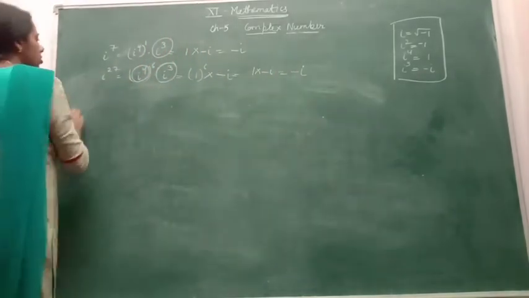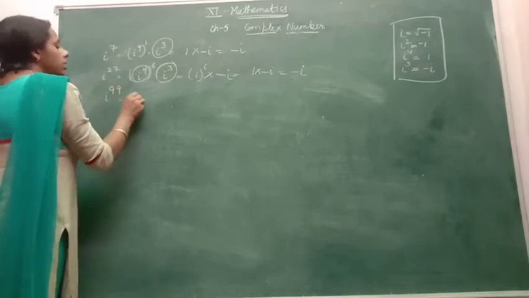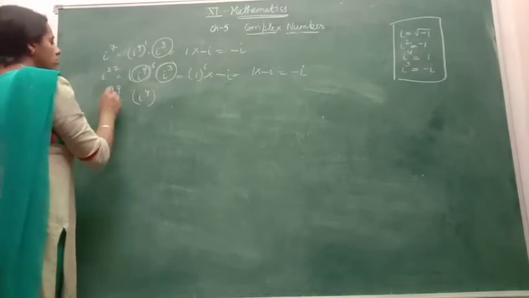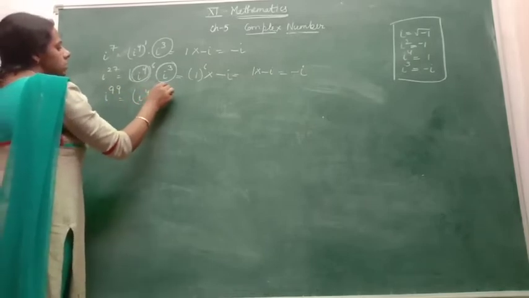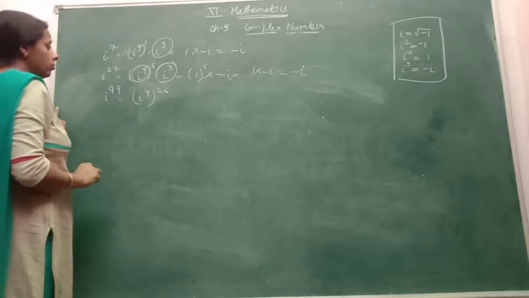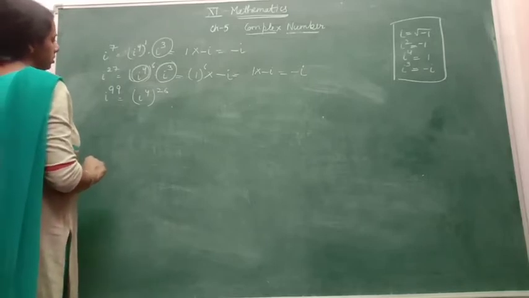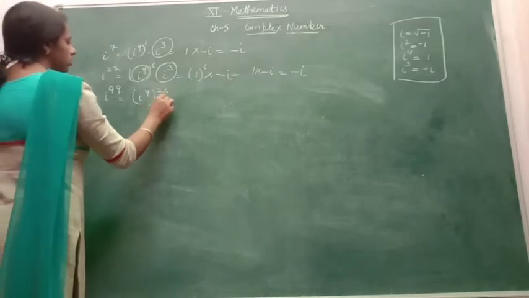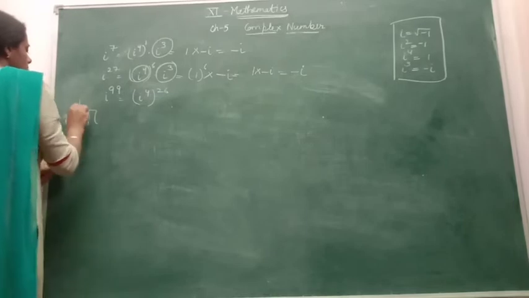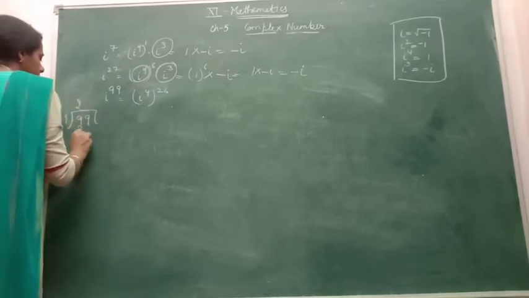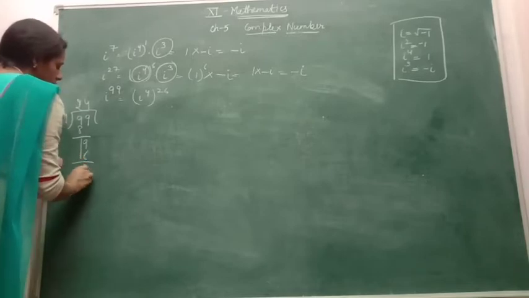If I take a bigger power, that is 99, again divide by 4. 4 times 2 is 8, 1 left; 4 times 4 is 16, then 3 will be there.